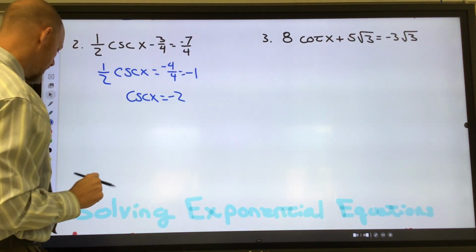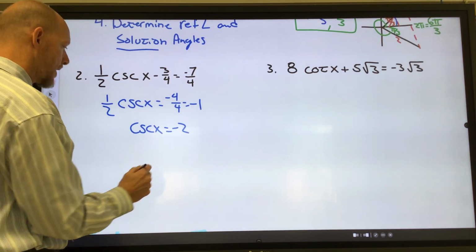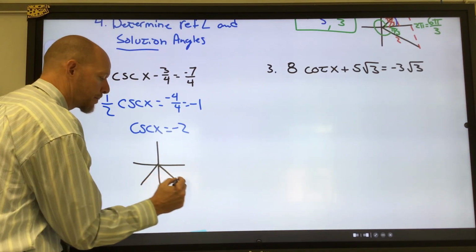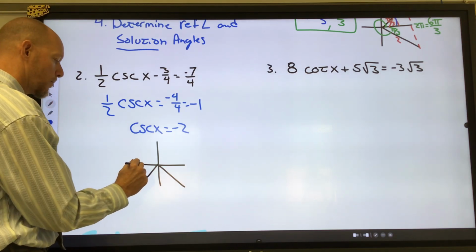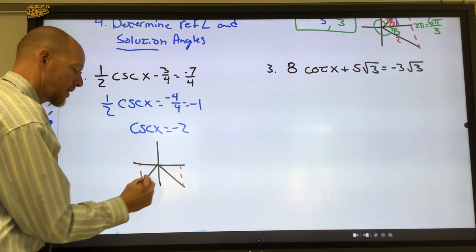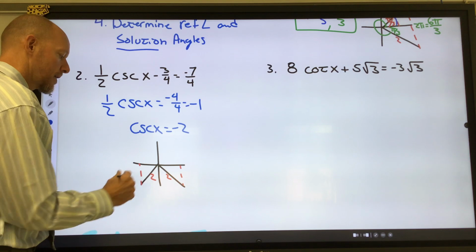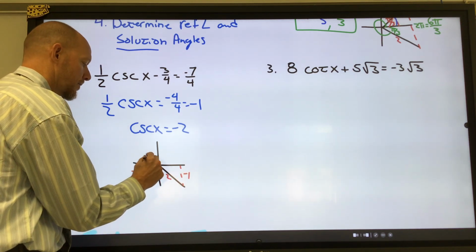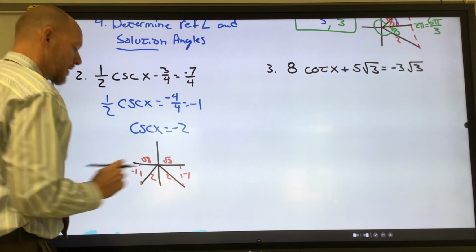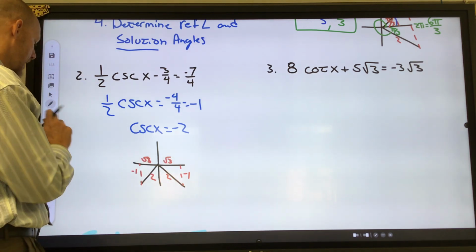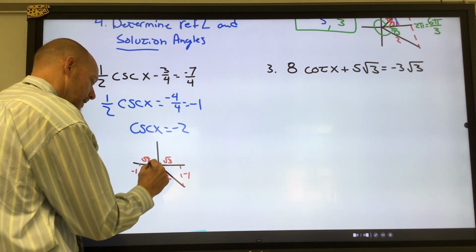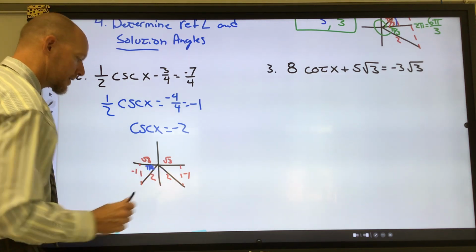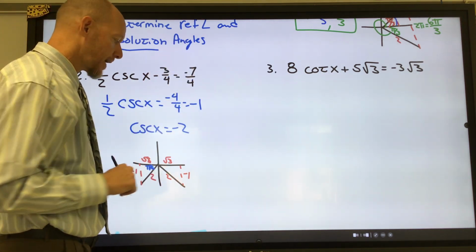So I am going to proceed in this case, and I'm going to go ahead and draw and say, since cosecant is the reciprocal of sine, I know I'm working in the bottom 2 quadrants. I know my radius is 2, my opposite side is -1, and here is where my square root of 3 would be. From there I get my reference angle this time as being not pi over 3, this is going to be pi over 6, or in other words, the 30-degree angle.